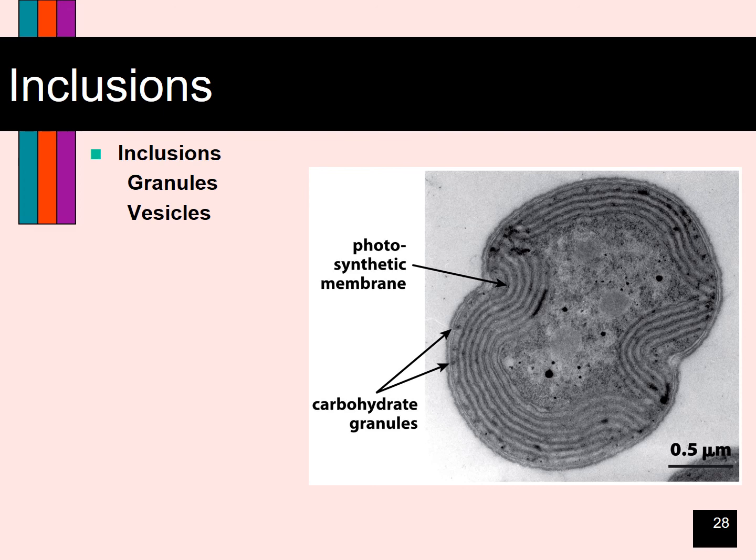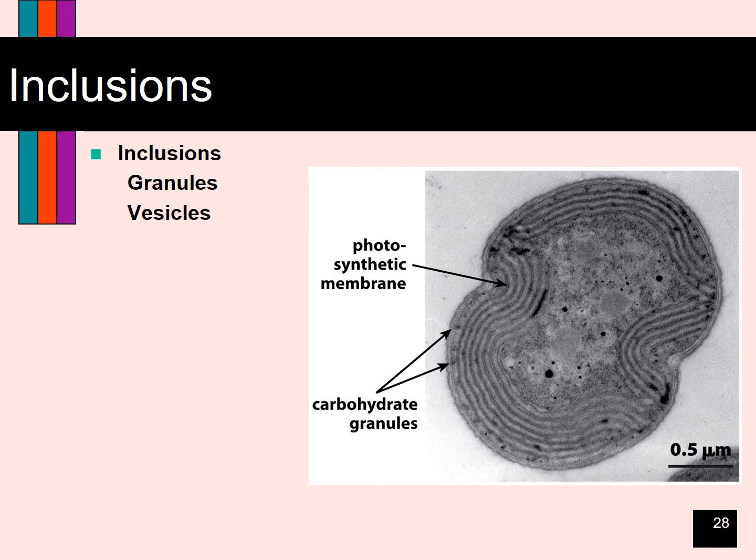That would be where you would have all of the light capturing pigments and the photosystems, and so those internal photosynthetic membranes are providing surface area for all of those proteins and molecules that are necessary for photosynthesis. You can also see in this figure that there are some carbohydrate granules.